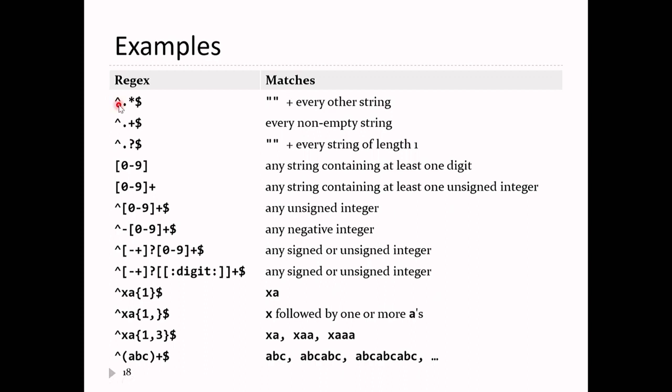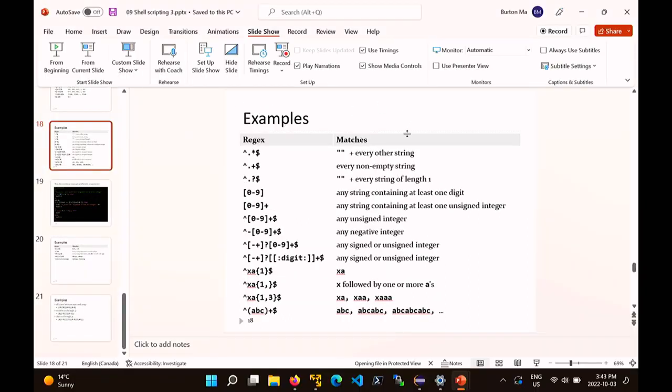So starts with 0 or more single characters, and ends with that character. So starts with this stuff and ends with this stuff as well. So this matches any single character plus the empty string because the star means 0 or more.